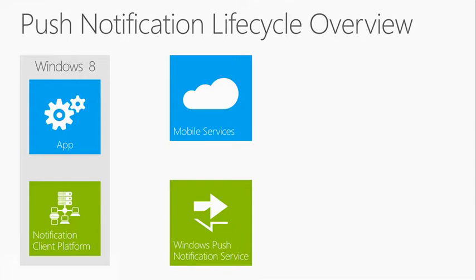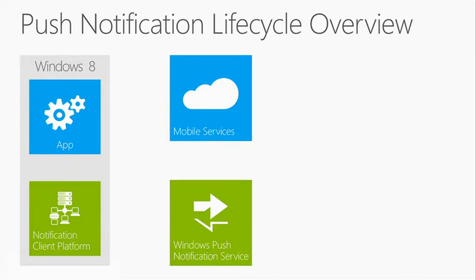You got a little sort of feeling for this today when we sent a push notification, but there is actually a process that's followed here. This is the one for Windows 8 apps, and I like to put this diagram in because it frames in context the flow that's actually executing when we send a push notification from any cloud service, be it mobile services or, say, web API on a Windows Azure website. What we've got here are the 2 green boxes down the bottom. They're essentially things that are provided out of the box.